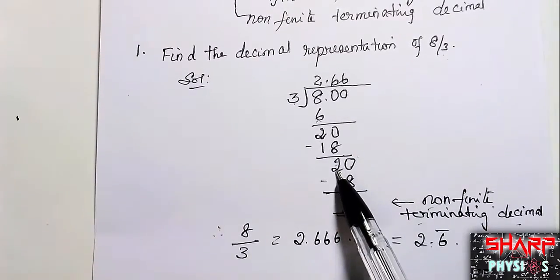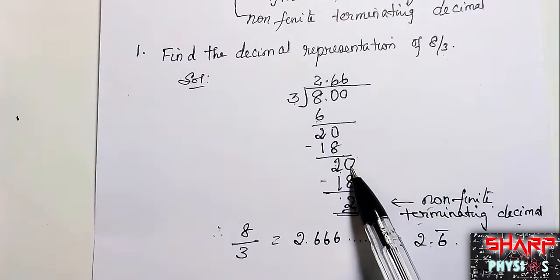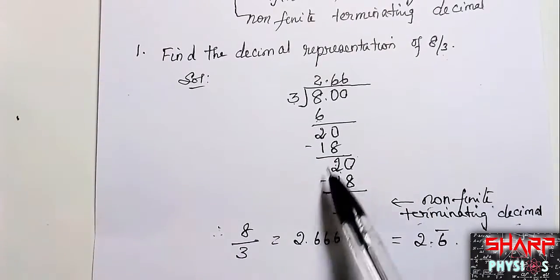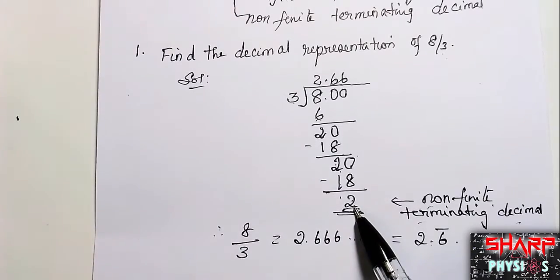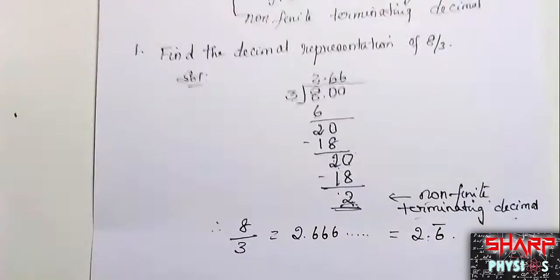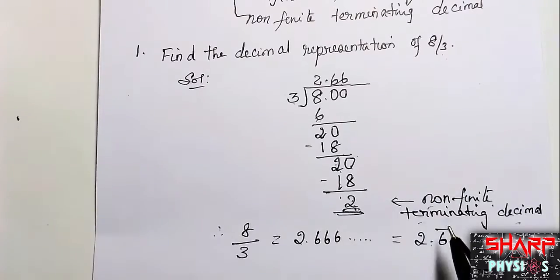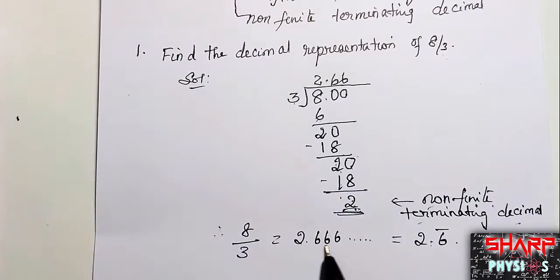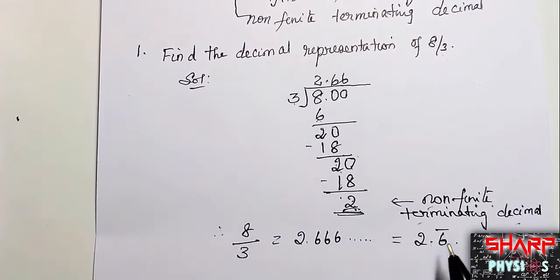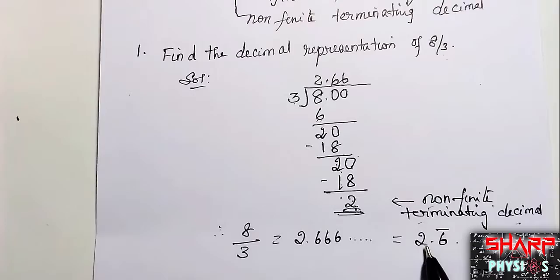You get 2. Then bring again the 0 down. 3 sixes are 18, and you get a remainder 2. Since it's not terminating, we call it non-finite terminating decimal. It keeps on going, always 0.666 and so on. So we make it 2.6 bar.